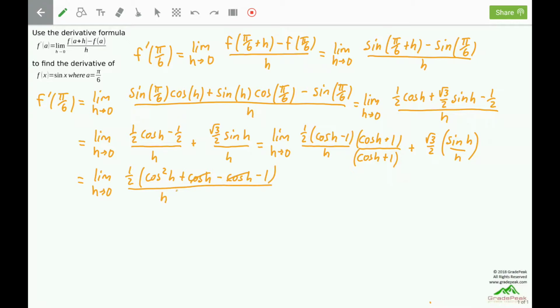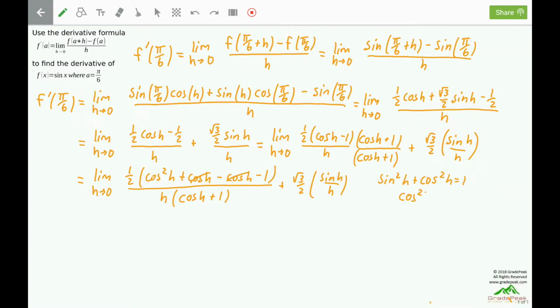And then in the denominator, we will not distribute. Keep it factored always. And we have this other term that we will leave exactly the way it is. Now, what we have in the numerator of the first fraction is a Pythagorean trig identity: sine squared h plus cosine squared h equals 1.